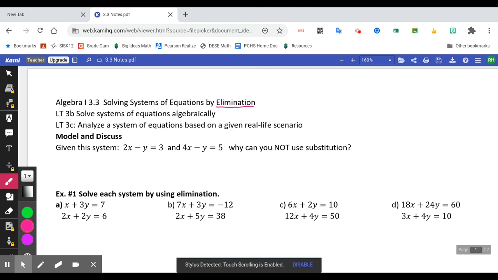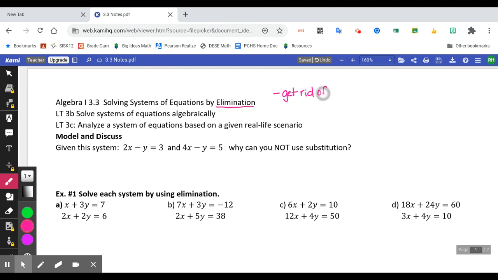Elimination is literally meaning that we are going to get rid of a variable. And the only way to get rid of a variable is to make it cancel out. And the only way to do that is by making the variables the exact opposite amount.